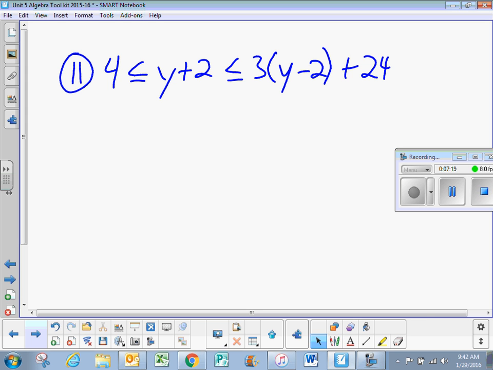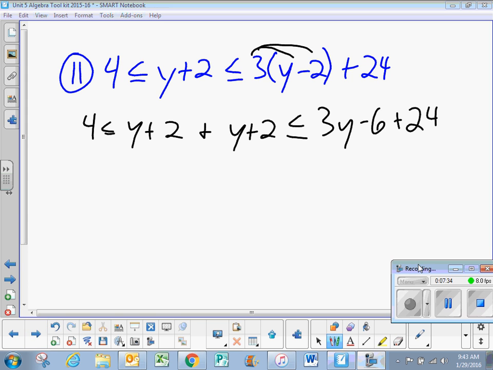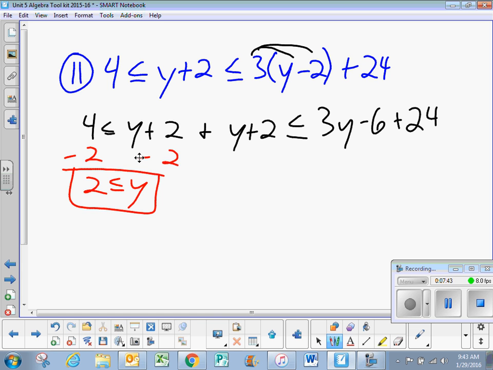Okay, so on this one like this, right, Devin? We need to separate it out into 2 because I know it's an and. So I'm going to do y plus 2 is less than or equal to. I'm going to go ahead and distribute right now, just because I can. And then I'll go ahead and simplify here. So on this one, I'm going to subtract 2 and get 2 is less than or equal to y. And over here, I'm going to simplify and get 3y minus 6 plus 24 is plus 18.